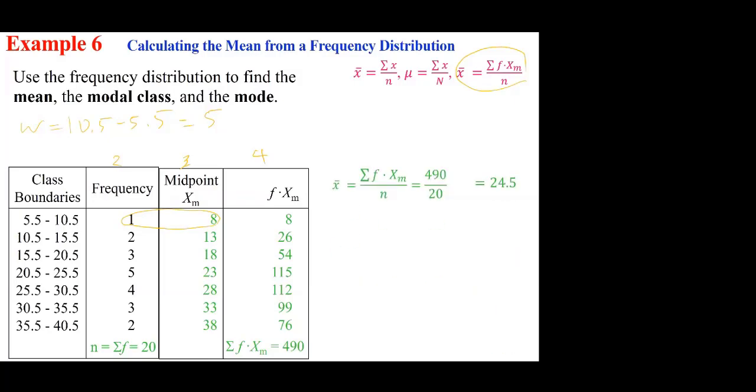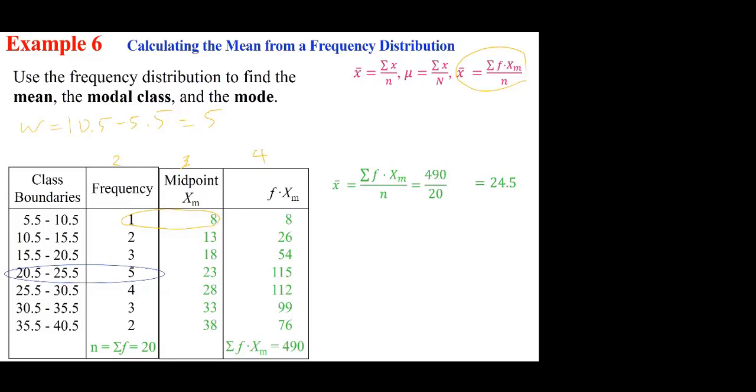Now, the next one, it says, what is the modal class? As far as the definition of a mode, it works the same way. Remember, the mode is what? The one with the highest frequency of occurrence. So which class has the highest frequency? The frequency number 5 is the highest, so that class has the highest frequency because 5 is the largest number among the frequencies.